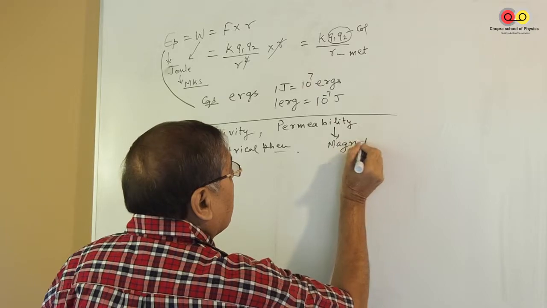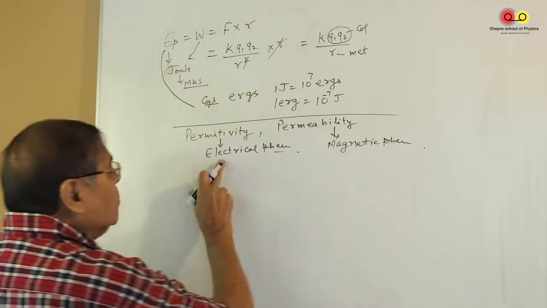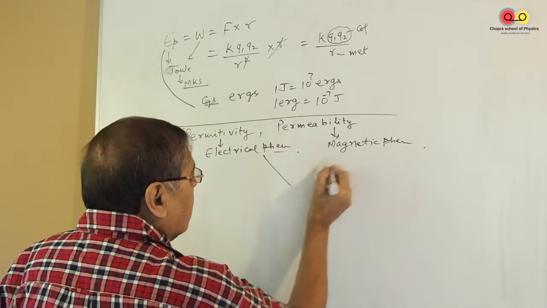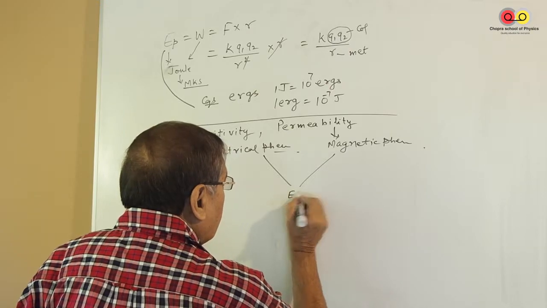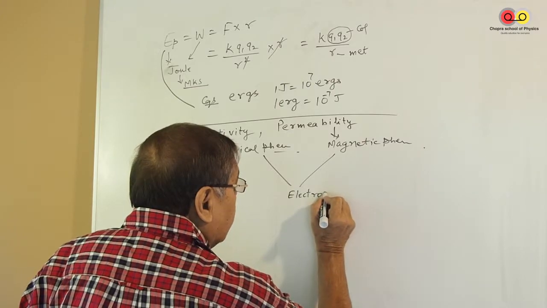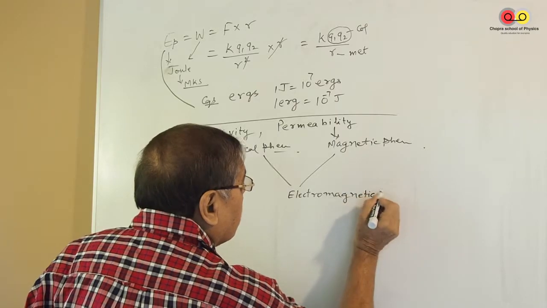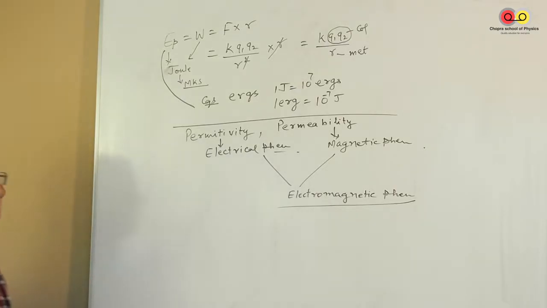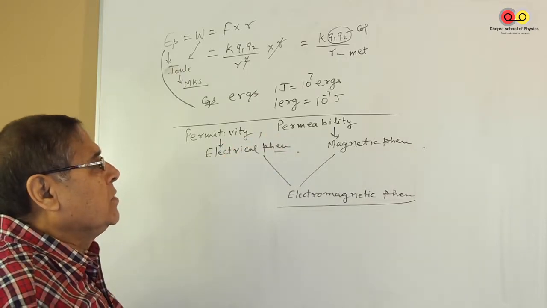And when we use both electrical and magnetic phenomena, if we combine these two phenomena, that becomes electromagnetic phenomena. Like normally we read electromagnetic waves, so we have to use both the phenomena.